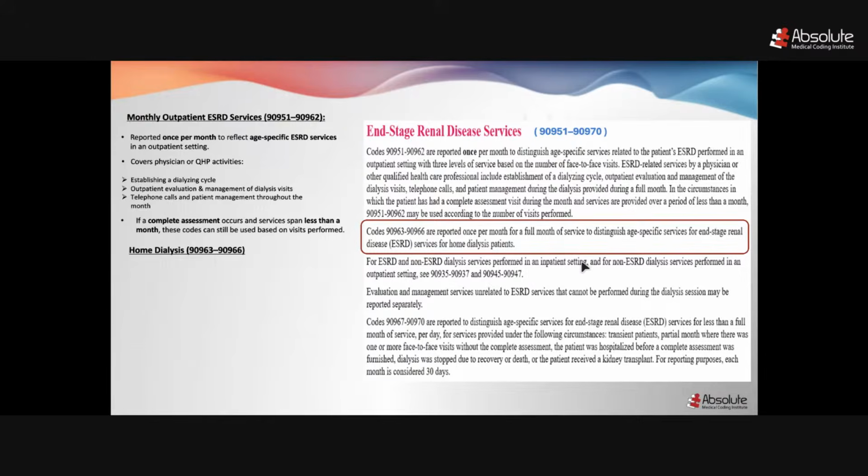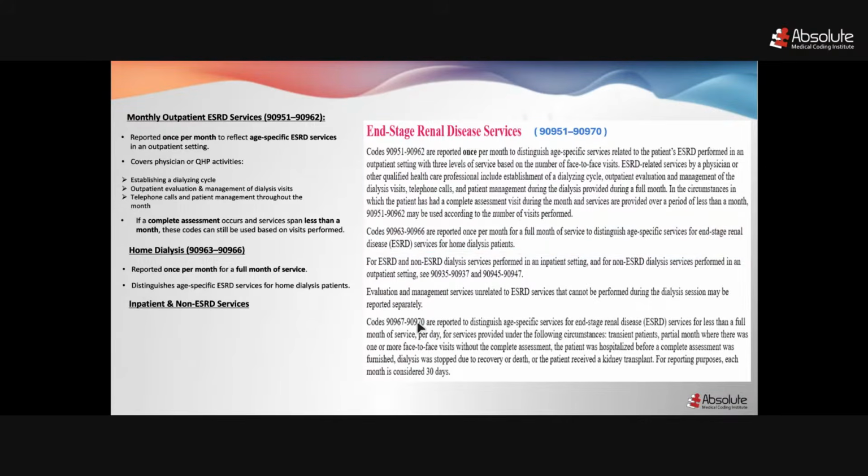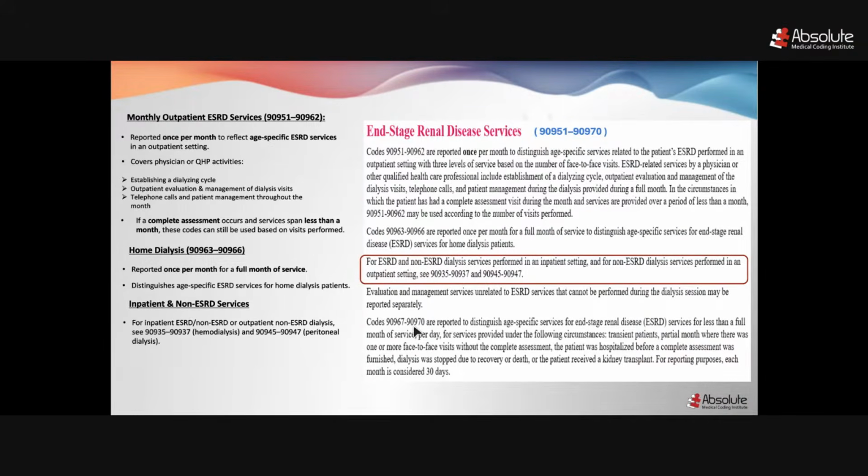Next, let's look at inpatient ESRD or non-ESRD or outpatient ESRD dialysis codes. These codes range from 90935 through 90937.